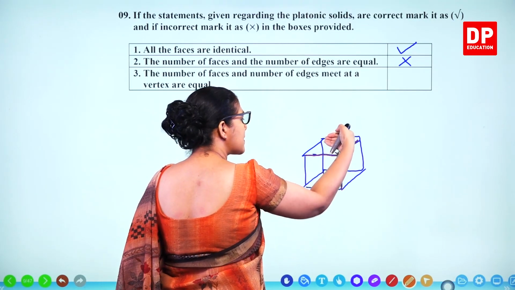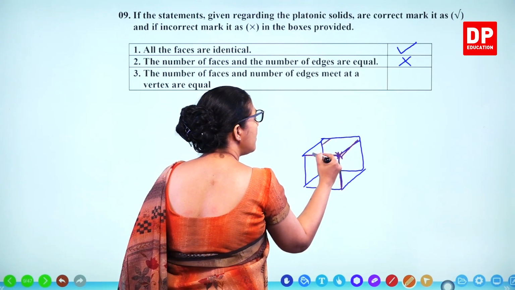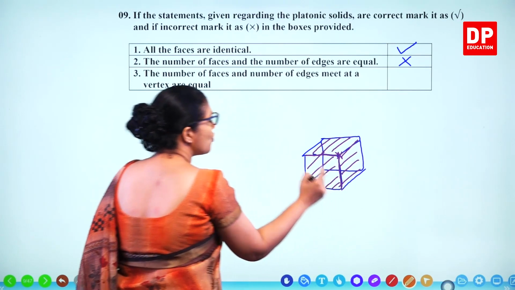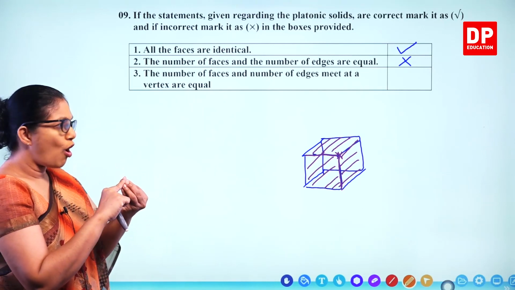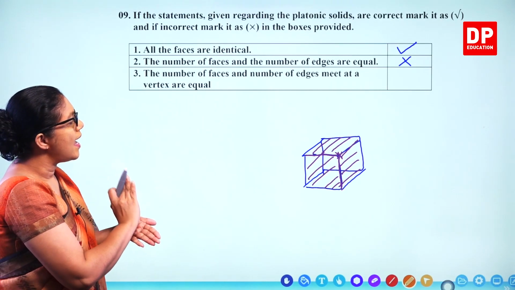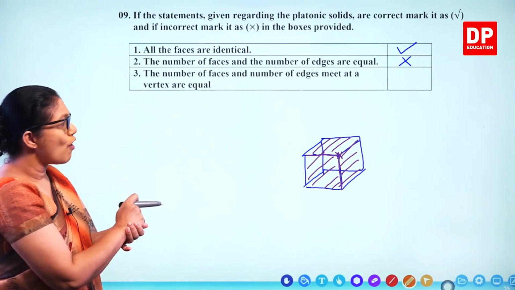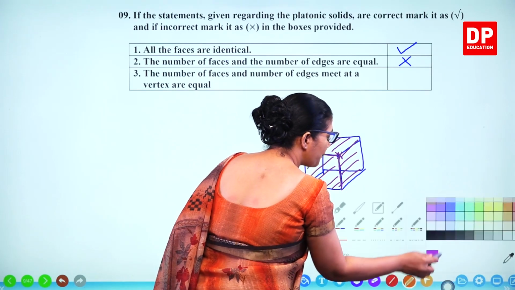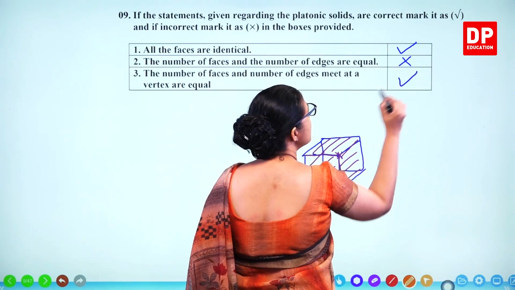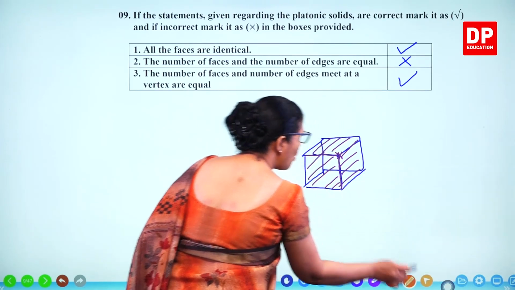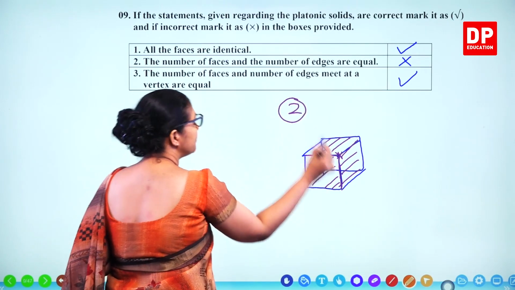How many faces connect? 1, 2, 3. That's true. So when you take one vertex point, the number of faces connect as same as number of edges connect to that vertex. So that's true. So you can put a tick. And you get 2 marks for that.